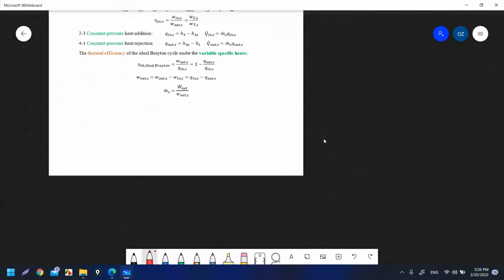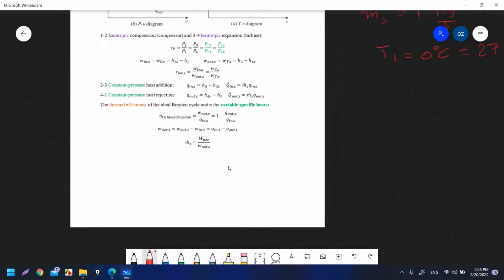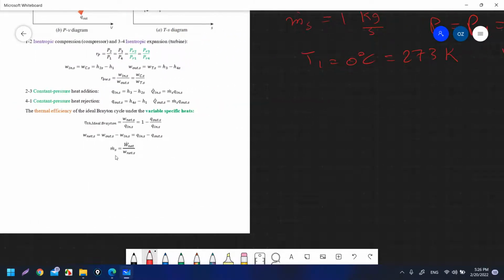So the same thing, we want to use this equation. I have m dot s, but I want to find w net s. So w net s is the same also, that is equal to w out s minus w in s and equal to q in s minus q out s. Here the difference is that we don't use cp delta T, we have h3 minus h2s and h4s minus h1.